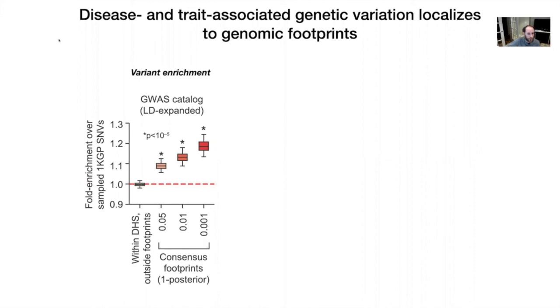To do this, we performed enrichment of the GWAS catalog SNPs after LD expansion in DHSs but outside footprints, and then increasing stringencies of consensus footprints. What we find here is a strong increase in enrichment in the strongest footprints, while no enrichment within DHS outside footprints, suggesting that the vast majority of trait-associated variation is mediated by variation within footprints.